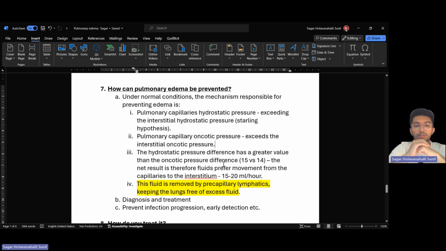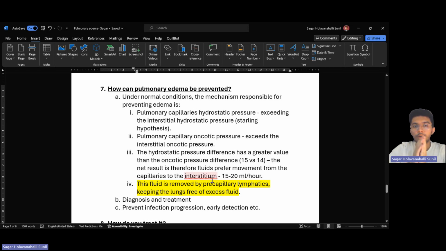Okay, and also the hydrostatic pressure difference between the pulmonary capillaries and the interstitium. If you compare that, and if you compare the oncotic pressures between the interstitium and the pulmonary capillaries, you will realize that there's more fluid that is getting pushed into the interstitium, okay, 15 to 20 mLs per hour approximately.